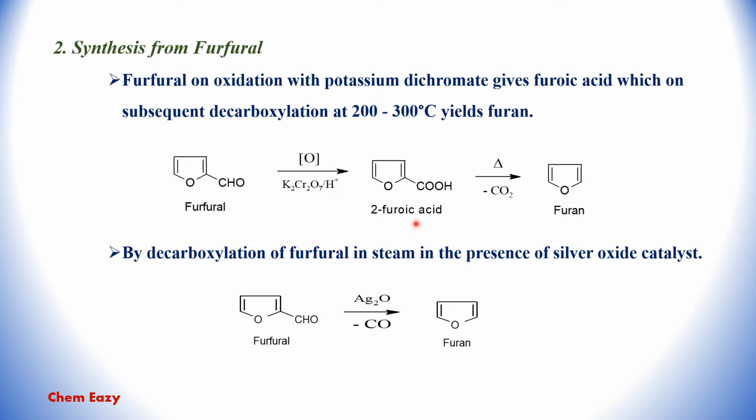Then this furoic acid is decarboxylated at 200 to 300 degrees Celsius to produce furan. Here carbon dioxide is removed by decarboxylation. In another method, from the furfural, by removing carbon monoxide in steam in the presence of silver oxide as a catalyst, we can get furan.